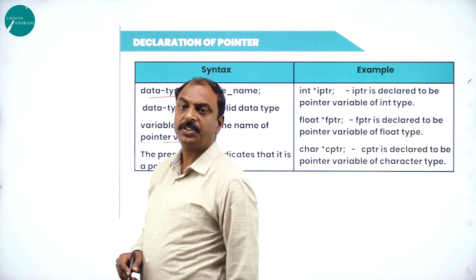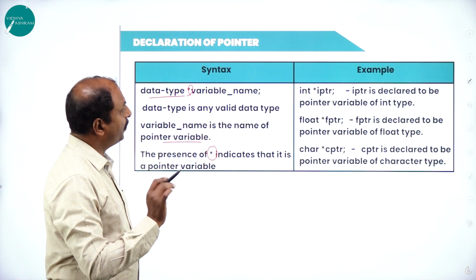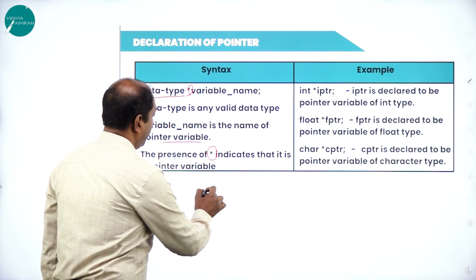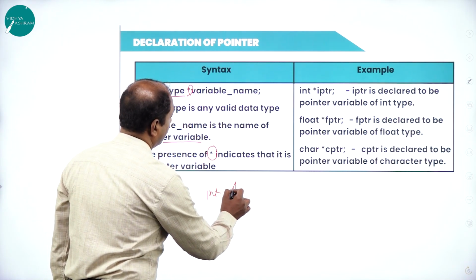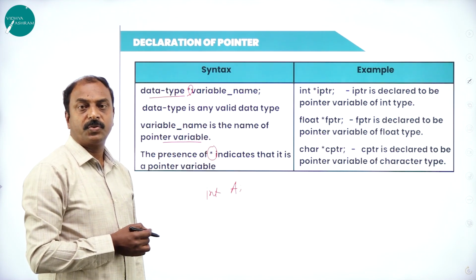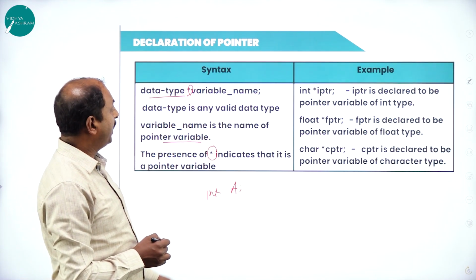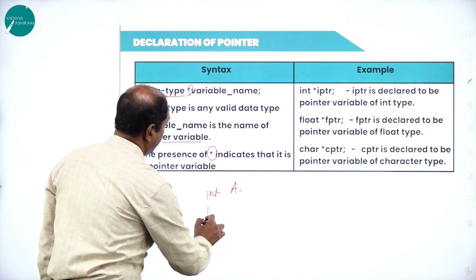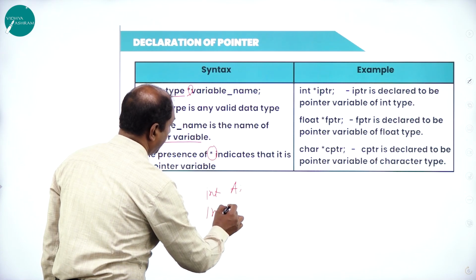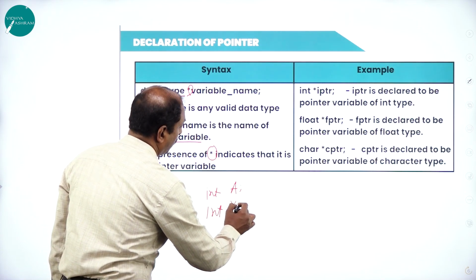Now how do you differentiate it from a normal variable? For example, if I say int a, this is a normal variable and it is not a pointer variable. Suppose I write int star b.